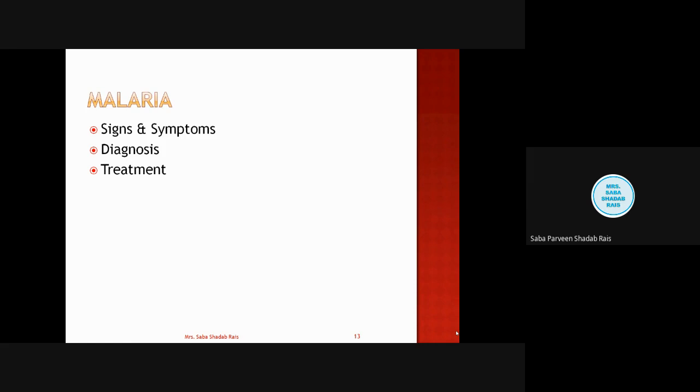Now for this, we have to support it with the microscopic detection method. Polymerase chain reaction to detect the parasite's DNA has been developed, but it is not widely used, and not necessarily every time, because detection is most important: whether the patient has the malarial parasite or not.